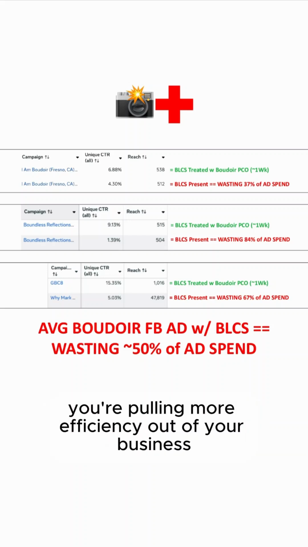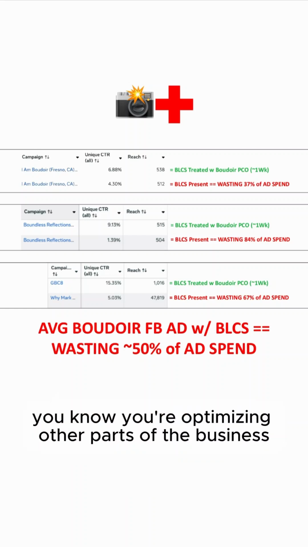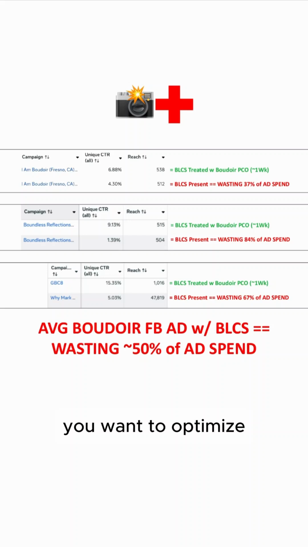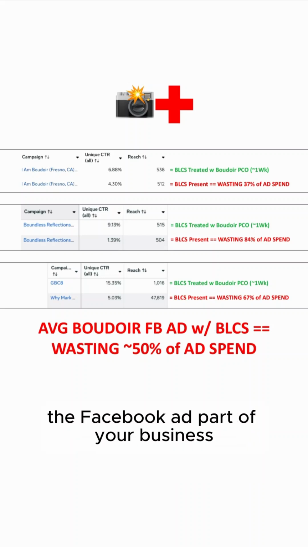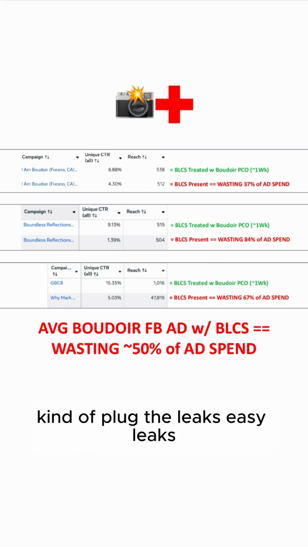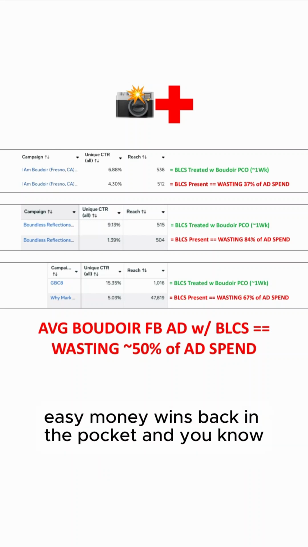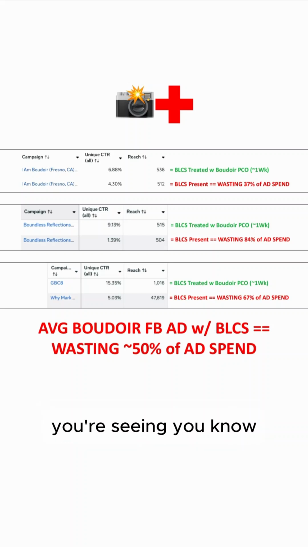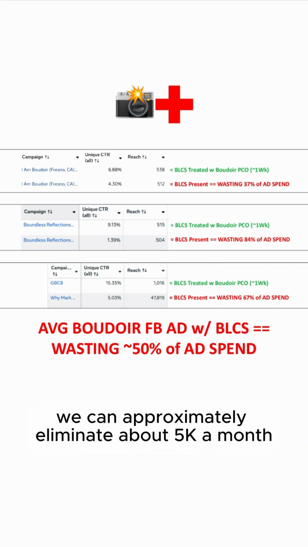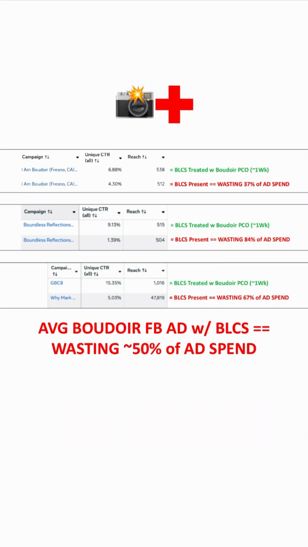So you decide you're pulling more efficiency out of your business. You're optimizing other parts of the business. Now you decide you want to optimize the Facebook ad part of your business, kind of plug the leaks, easy leaks, get some fast, easy money wins back in the pocket. And you're seeing we can approximately eliminate about 5K a month in wasted Facebook ad spend, put that back in your pocket.